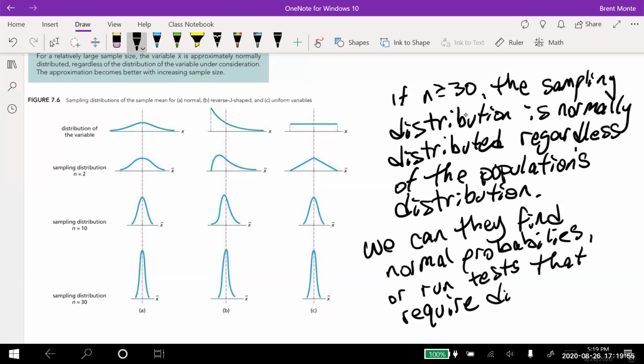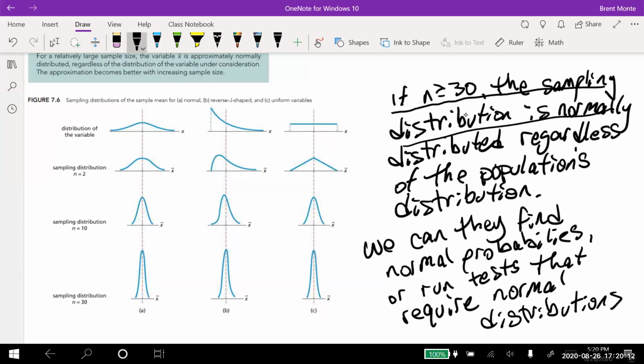Oops, forgot normal. That's why we care. Okay, so that's the big one. If n's greater than or equal to 30, the sampling distribution is normally distributed regardless of the population's distribution. That's what we want to get out of this section.